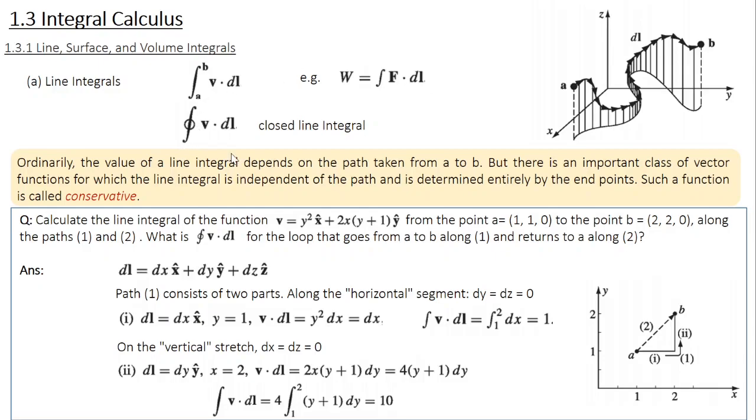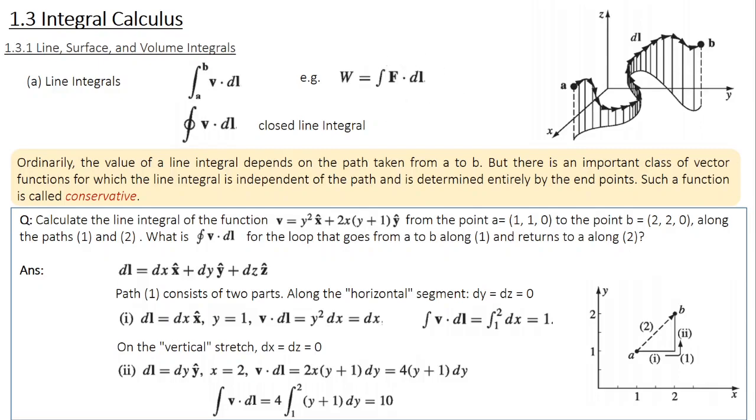Typically, the value of the integral depends on the path taken from A to B. But there are certain functions for which the line integral is independent of the path and depends only on the endpoints. Such functions are known as conservative functions. So, in classical mechanics, you will learn about central force fields like gravitational force or electrostatic force. All those forces are conservative forces. Consequently, the work done is path independent.